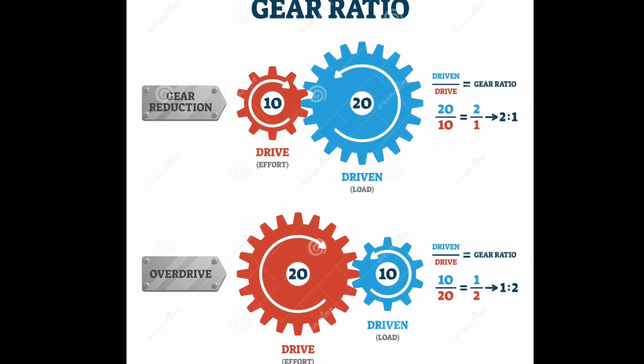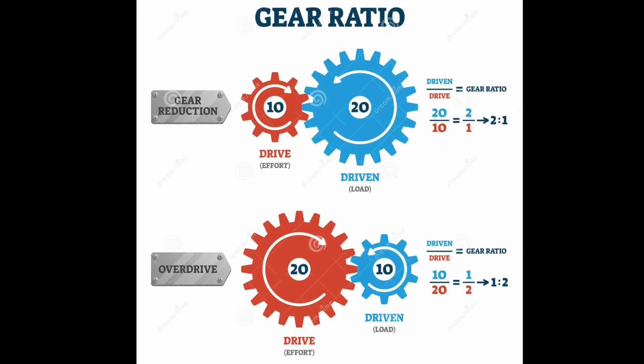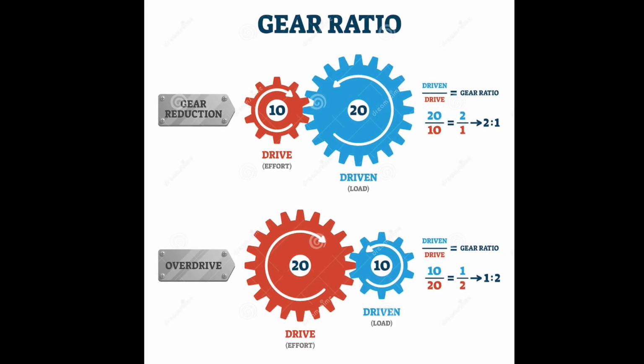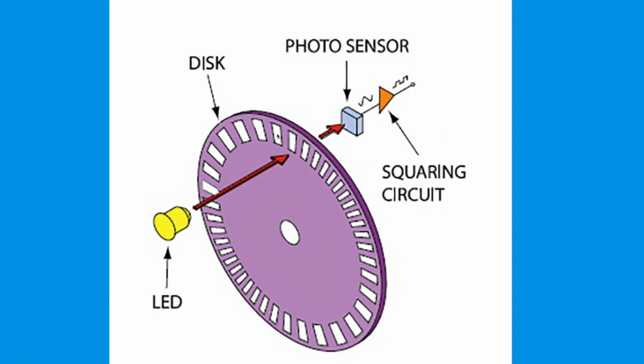So if you had a 1-to-1 gear ratio, 1 turn of the motor would equal 1 turn of the wheel. If you had a 2-to-1 ratio, 2 turns of the motor would equal 1 turn of the wheel, and so on.